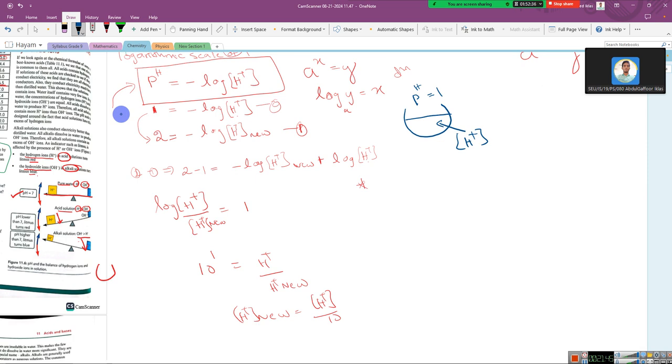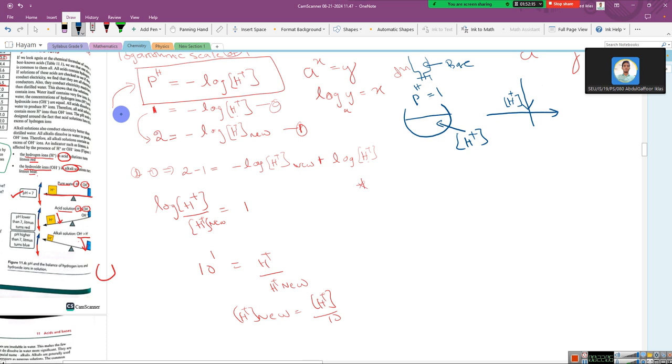Now we reduce the amount of H plus. How can we reduce the amount of H plus? If you titrate it with a base, the amount of H plus will reduce.